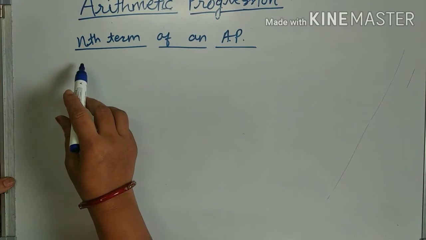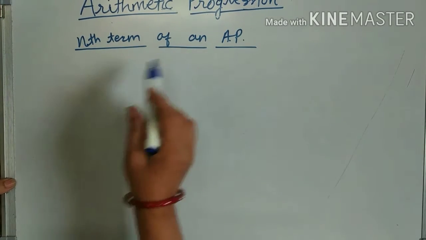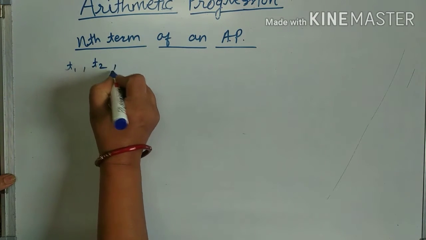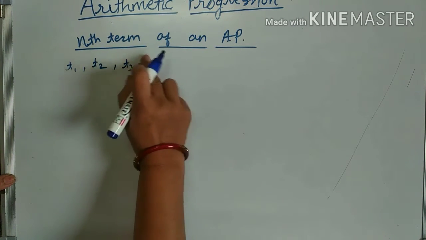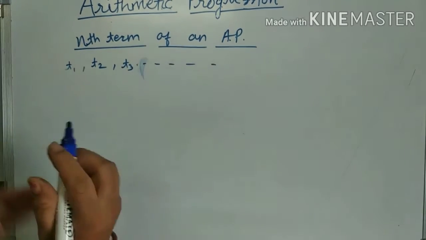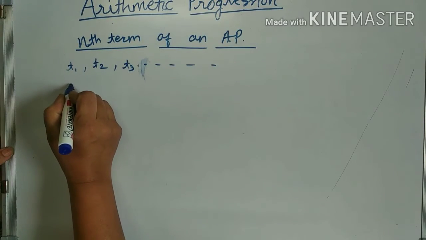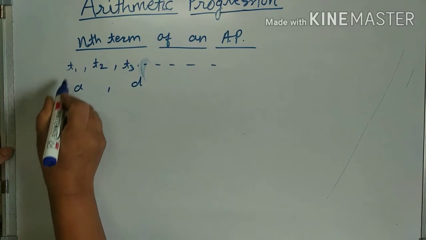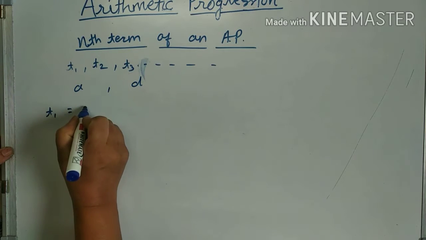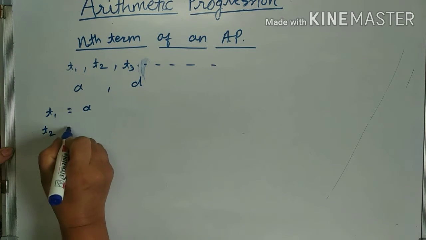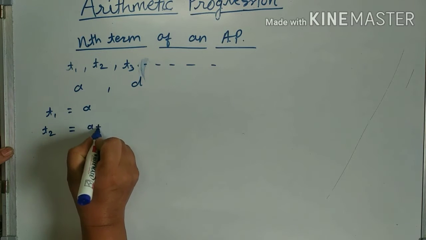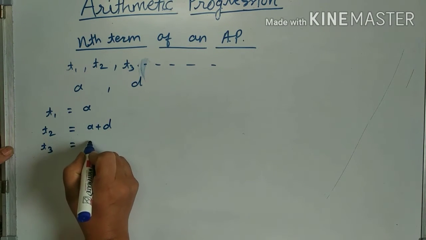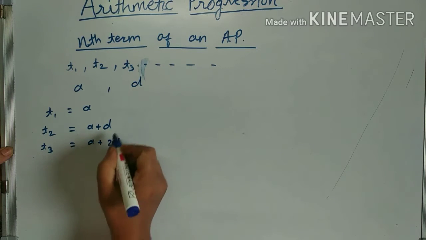Now we will find the formula for the nth term of an AP. In an AP, T1, T2, T3 and so on. Here first term is A and common difference is D. So first term T1 equals A. T2 equals second term A plus common difference D. T3 equals A plus 2D.